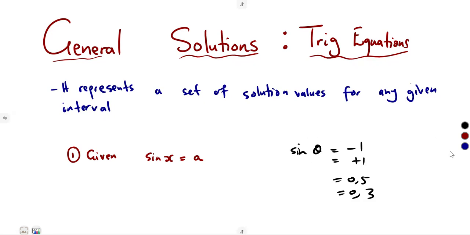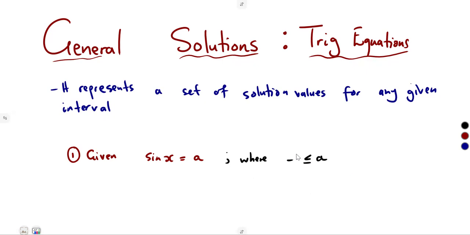But this a must be greater than or equal to -1, but less than or equal to 1. We cannot solve the sine of a certain angle equal to anything that is out of this interval: -2, -3, +4, +3.